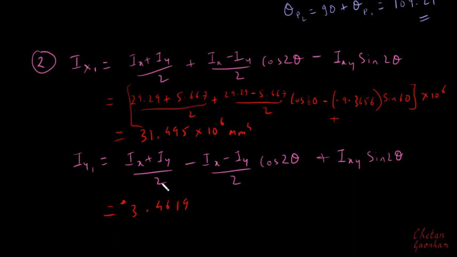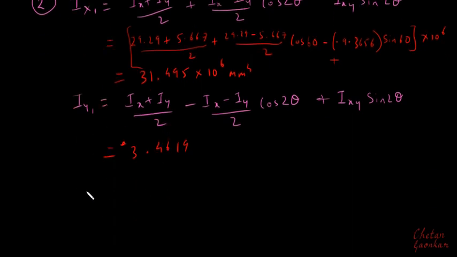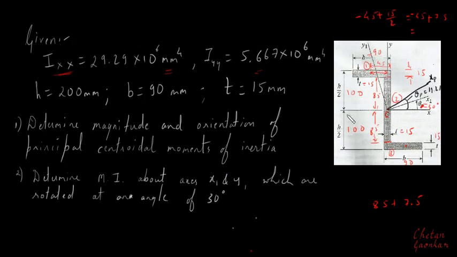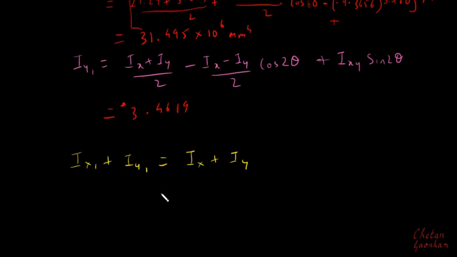Of course, I can verify this by using our equation, that is, Ix1 plus Iy1 should be equal to Ix plus Iy. That is, the sum of the moments of inertia about the new axes x1 and y1 should be equal to the sum of the moments of inertia about the original axes Ix and Iy, again times 10 to the power 6 mm raised to 4.